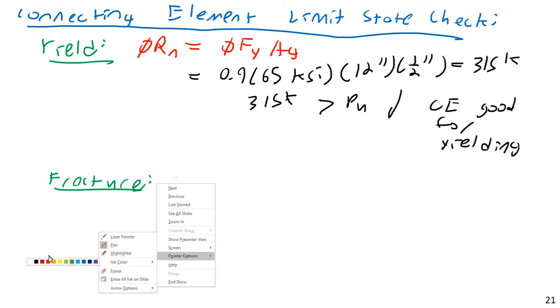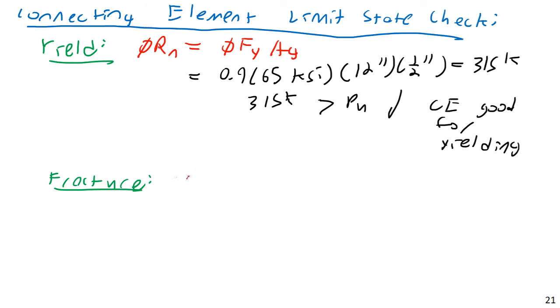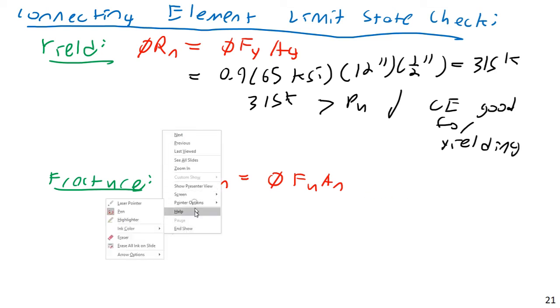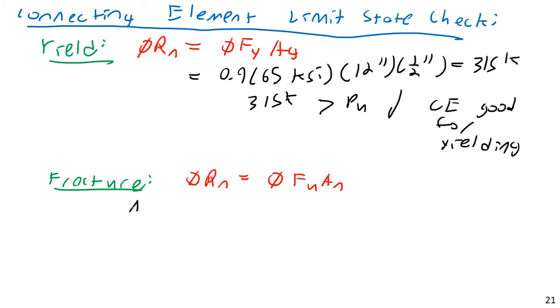And phi Rn is going to be equal to phi Fu An, that's an Fu A net, not nominal, sorry, A net. I said A nominal earlier, apologize, it's a bit late. A net is equal to Ag, where Ag is the gross area, minus the area of the holes, A holes.